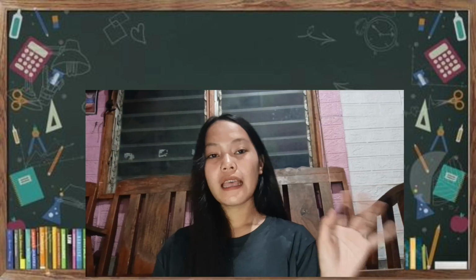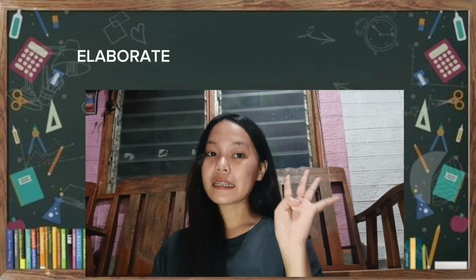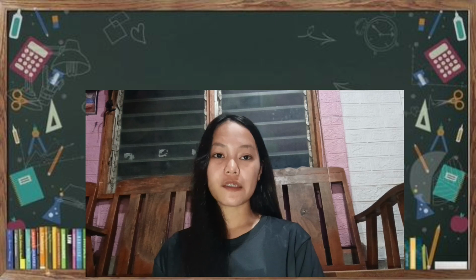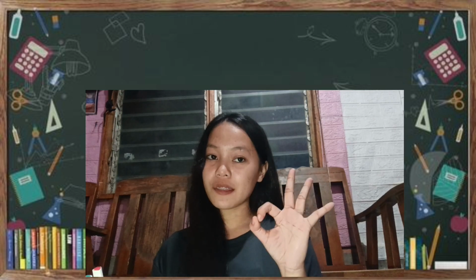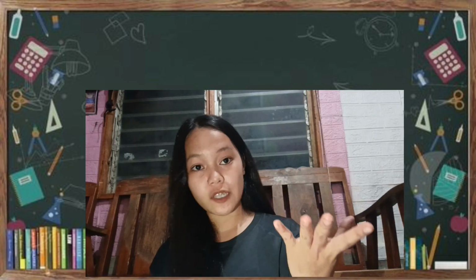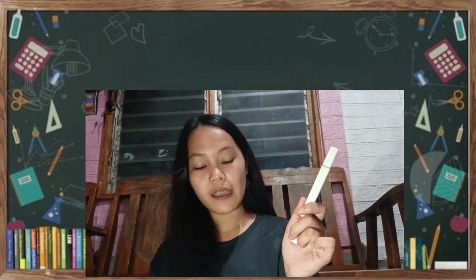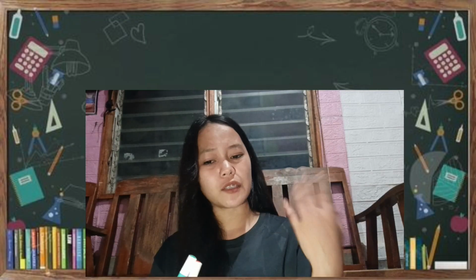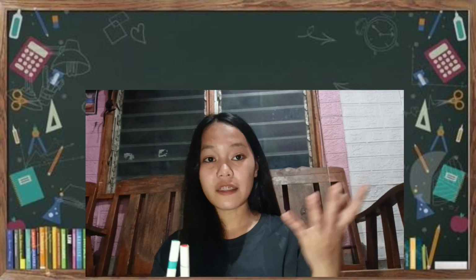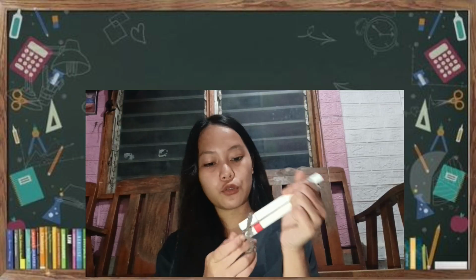Now, let's proceed to our fourth activity. You will find two things, for example, long stuff like pencils or rulers. And then you will find a rubber band to hold them together. You can find a fastener maybe, or anything that can hold the two things.